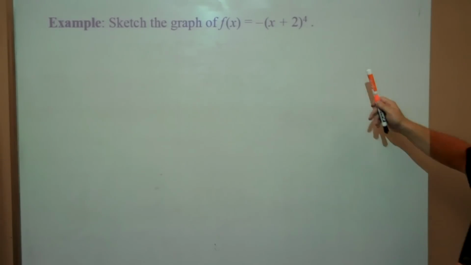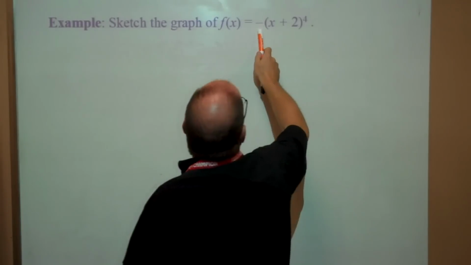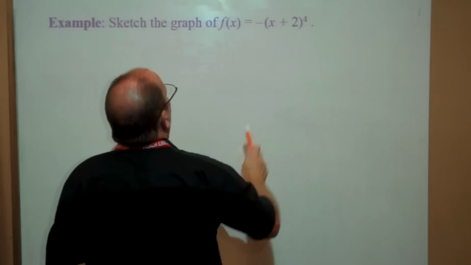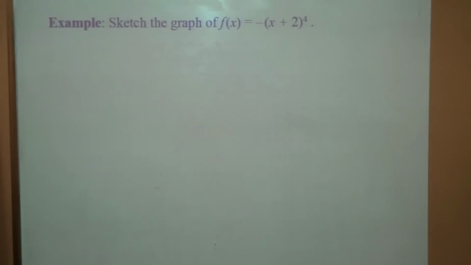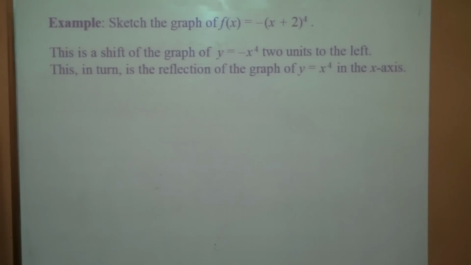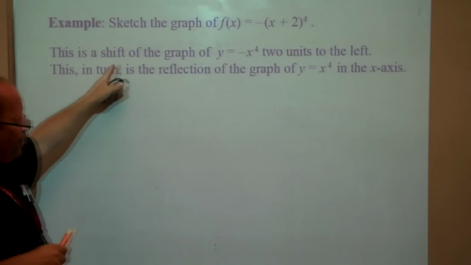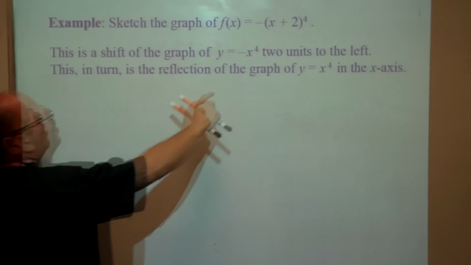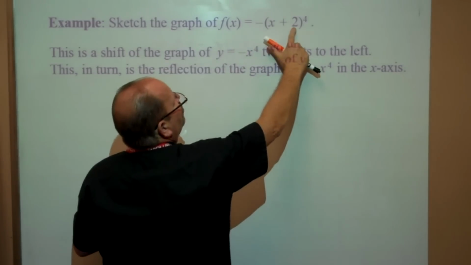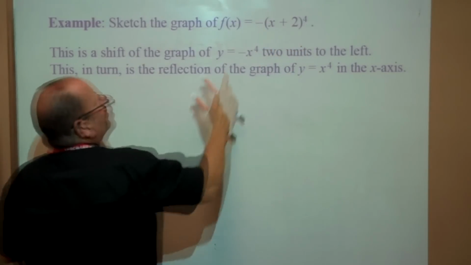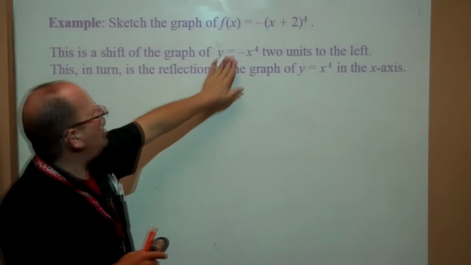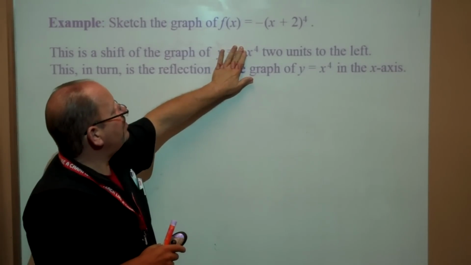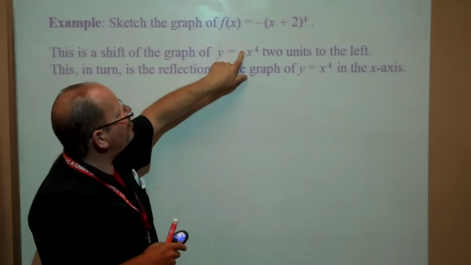Okay, this is the graph of y equals negative x plus 2 to the fourth. Well, we already know how to shift, flip, and all that good stuff. So this is a shift of the graph of y equals negative x to the fourth, 2 units to the left. Shifts 2 units to the left. And it's a flip of positive y equals positive x to the fourth.